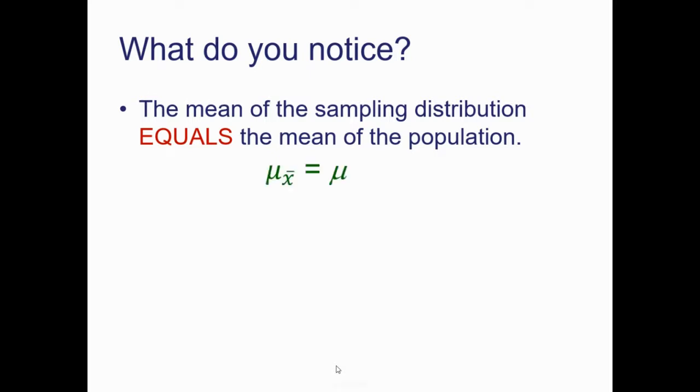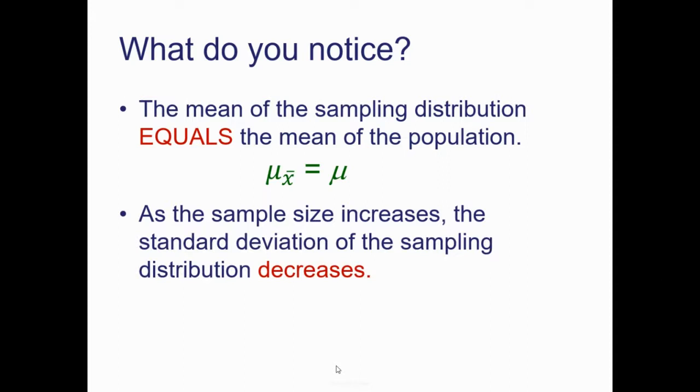Now, on the standard deviation, as sample size increases, so notice as we went from 2 to 3, your standard deviation went what? Down. So as sample size increases, the standard deviation decreases.